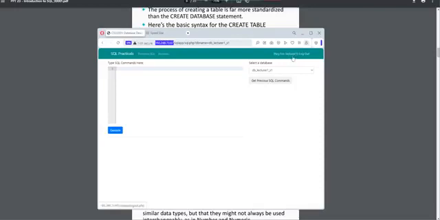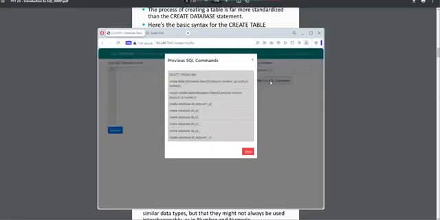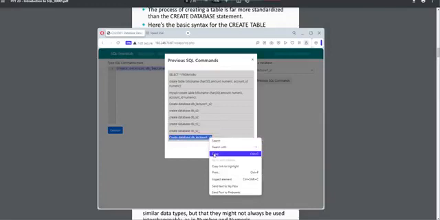Then, when you get into the site, the first thing you have to do is create a database. Yours would be: create database DB student something, right?